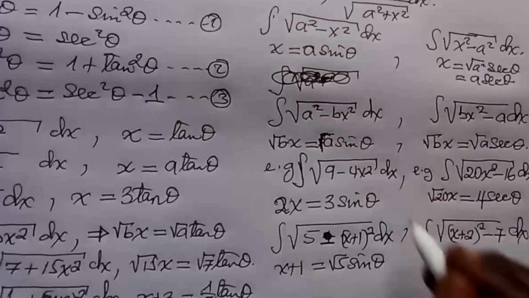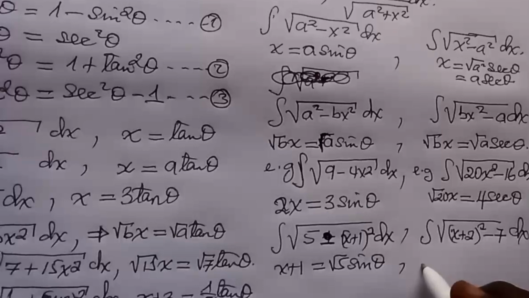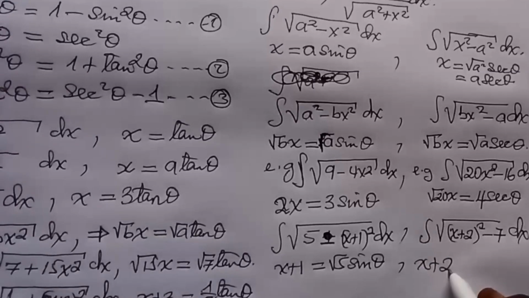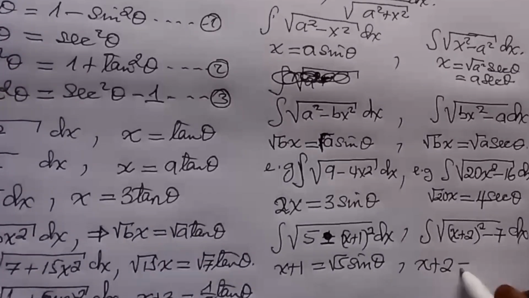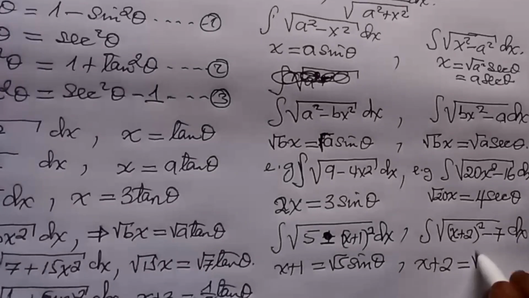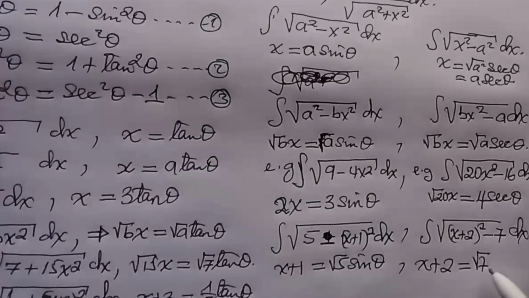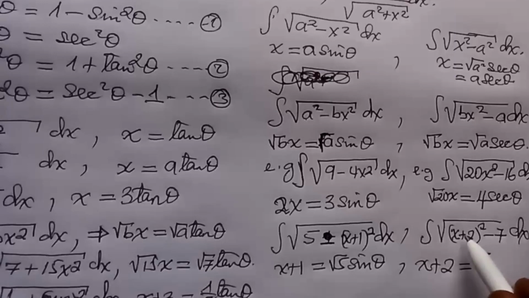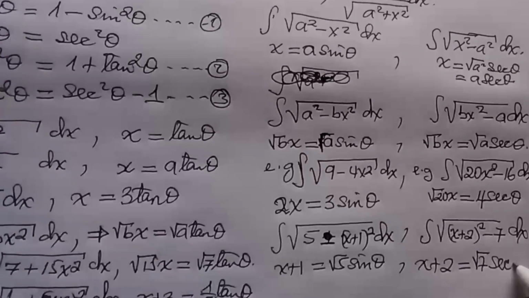Then the substitution would be the square root of the variable term, which is x plus 2, equals the square root of the constant term, which is root 7. And then, since the difference of two squares is such that the term in the variable is positive, I would use sec theta.